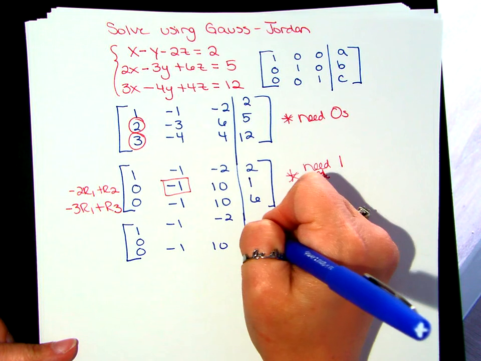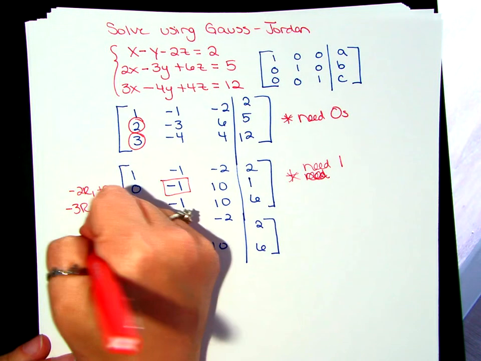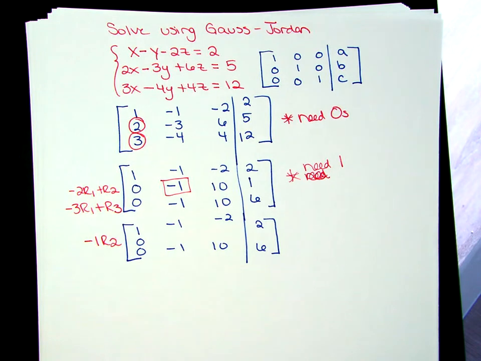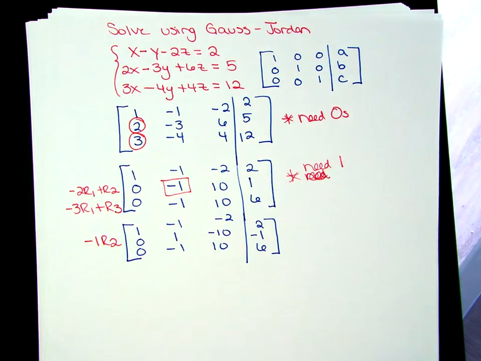My matrix is all wonky, like tilted. Sorry. So I'm going to take -1 times R2. Which will give me a positive 1, a -10, and a -1.